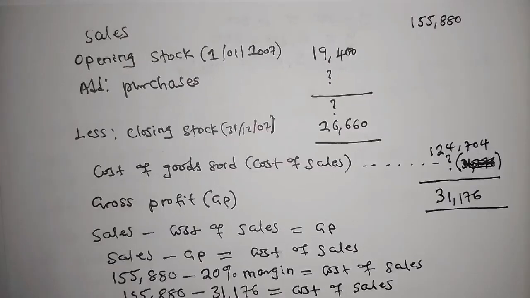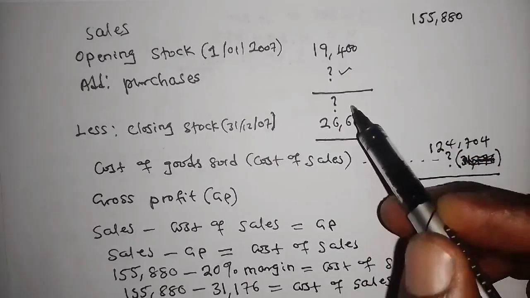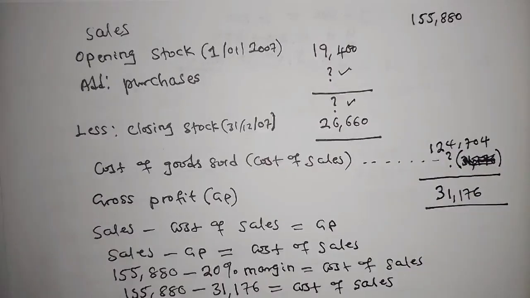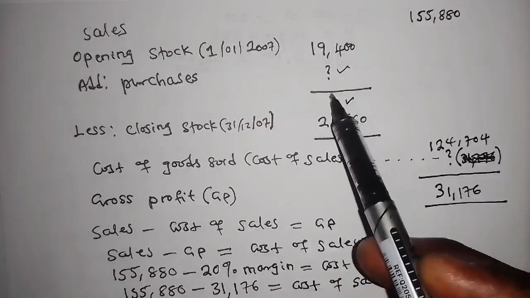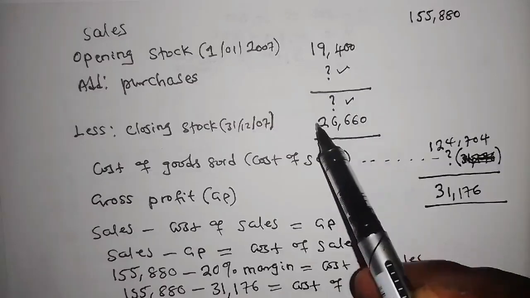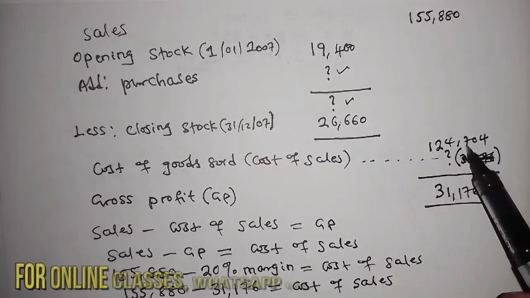Now from there we can go back to the missing components. For the missing components, we equate this part to this one, so this minus this should give us this one.